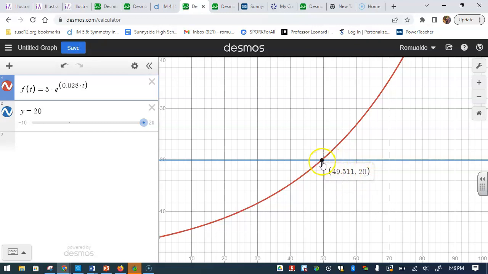You can clearly see that after almost 50 years since 1800, you add 50 to 1800, so it becomes 1850. The population was 20 million, that means 20 and then 6 zeros. So that's what that means.